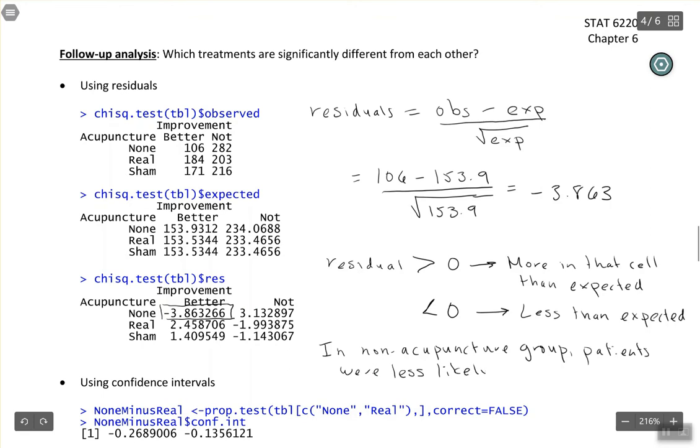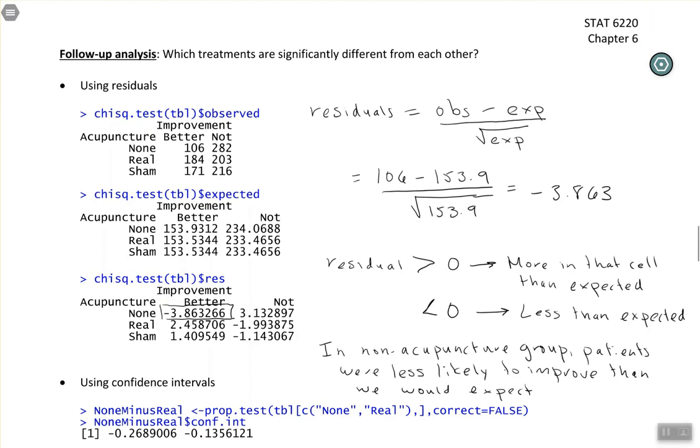So they were less likely to improve than we would expect. And again, whenever we say expected value, we're talking about what we would expect if there were really no association between the two variables, if really all of the treatments were equal to each other. So we see non-acupuncture standing apart from the others.